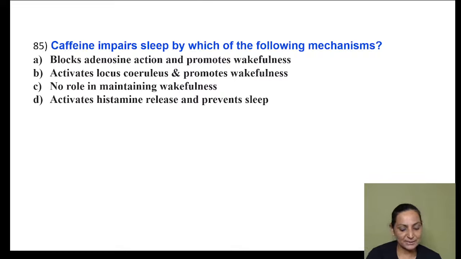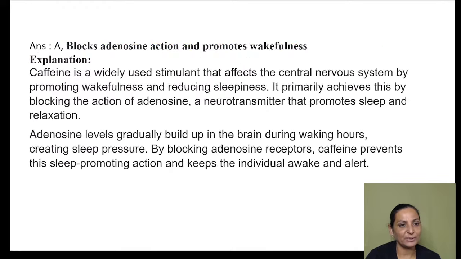It activates the locus ceruleus. It activates the locus ceruleus and promotes wakefulness. It has no role in maintaining wakefulness or activates histamine and prevents sleep. So the correct answer is A, that is it blocks adenosine and promotes wakefulness.